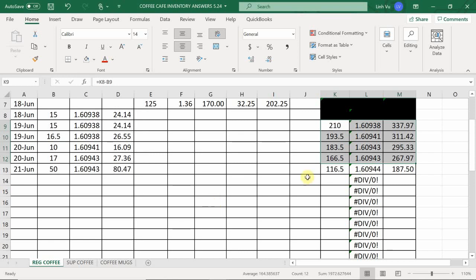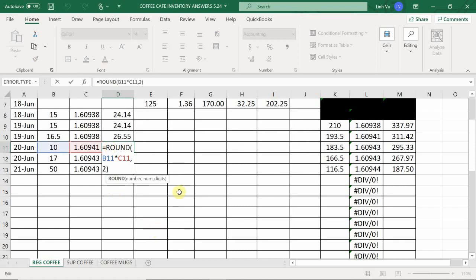Are you doing the equal round here, or are you leaving it in your cells? Can you please put the cursor on L13 so I can see the formula?